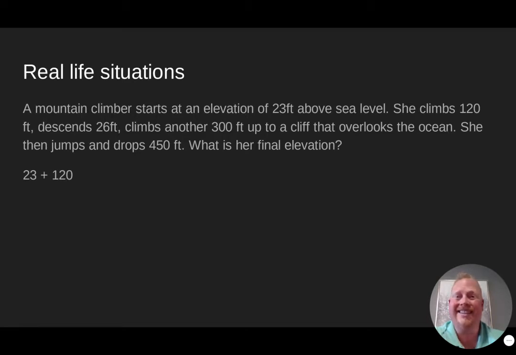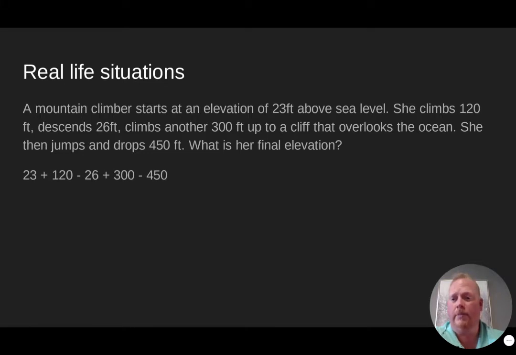The word descends means to climb down, so we want to put a negative 26. And then climbs, so again, we're going up, so a positive 300. After she gets to the top of this cliff, she then jumps, and of course when you jump, you fall down, so we're going to subtract 450. So then what's her final elevation?